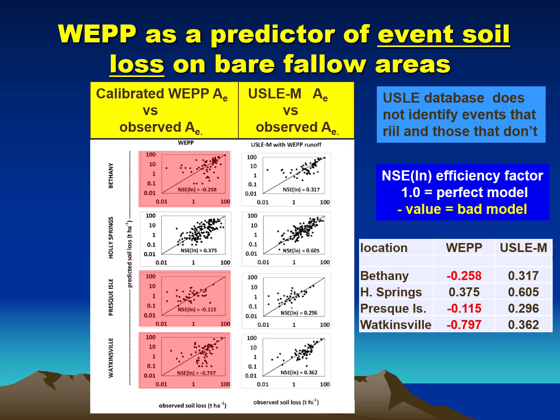Now, the thing about this particular situation here is that WEPP uses predicted runoff and cannot run with observed runoff, so the data for the USLE-M is done on the same basis.